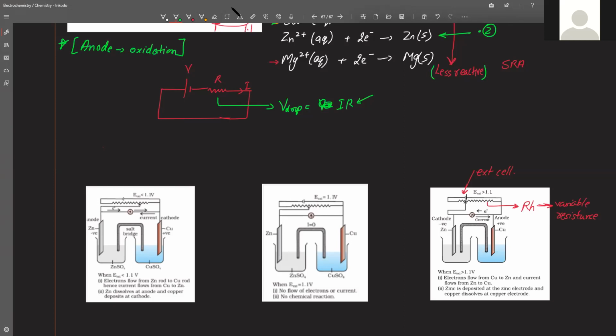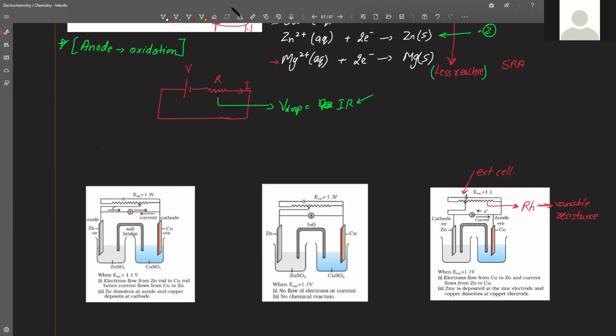So what does the cell do? The cell actually forces them to move in a single direction instead of moving in random directions. That's the work of a cell or battery. It applies force on the electrons of the conductor and changes their random movement to a streamline movement, and that is called current.